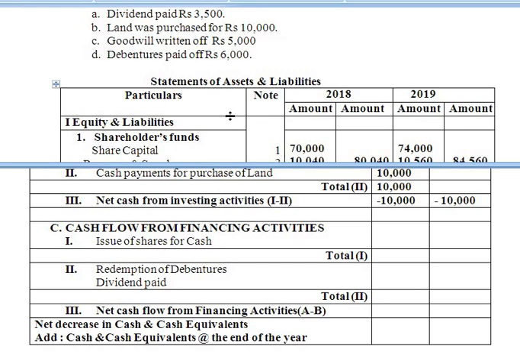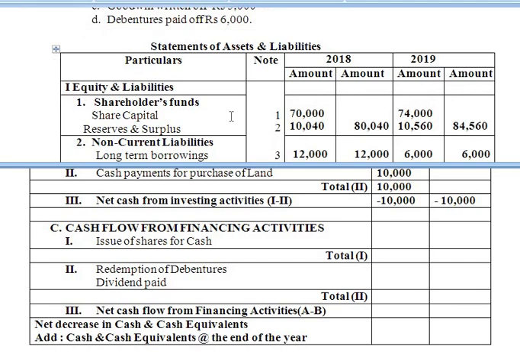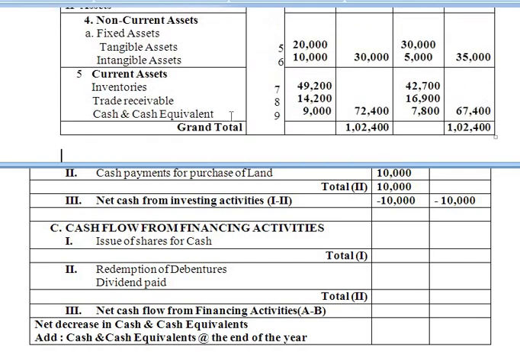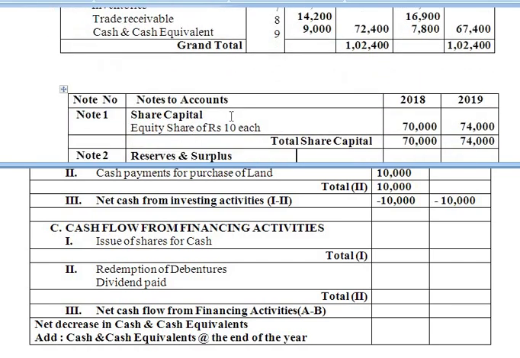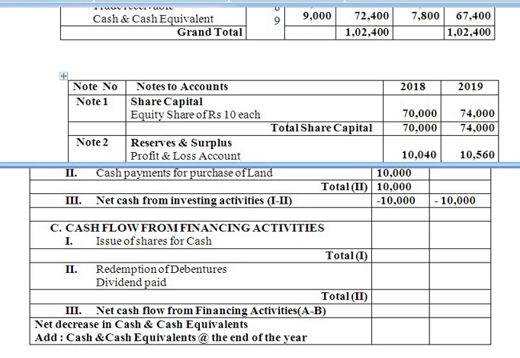Now check the share capital and tell me whether there is an issue of share capital or not. Equity shares of rupees 10 each. In 2018 equity share capital, how much was it? Equity share capital was 70,000, whereas in 2019 it is 74,000, which means that there is an increase in equity share capital.